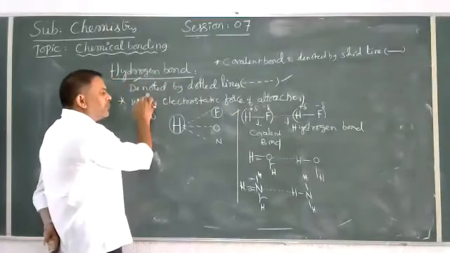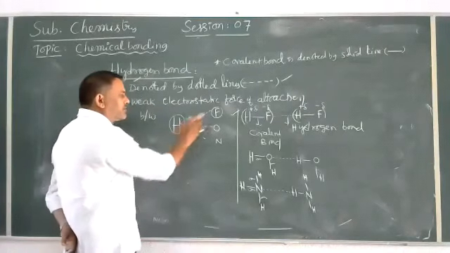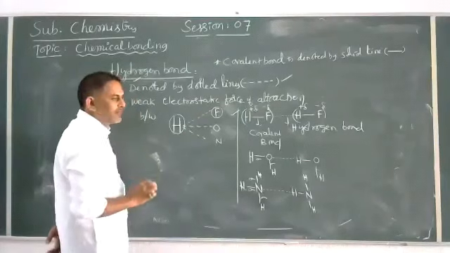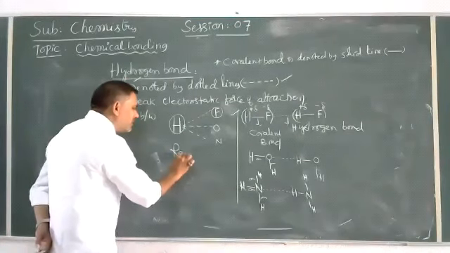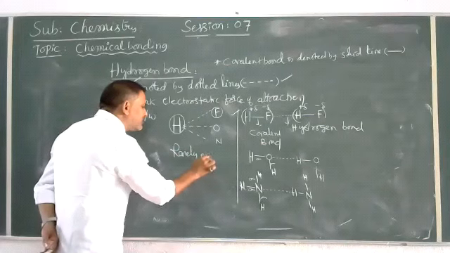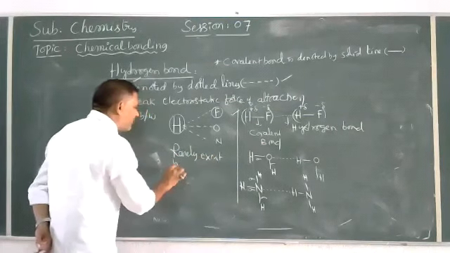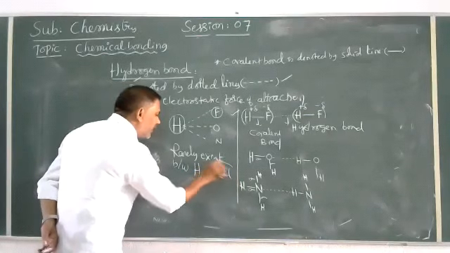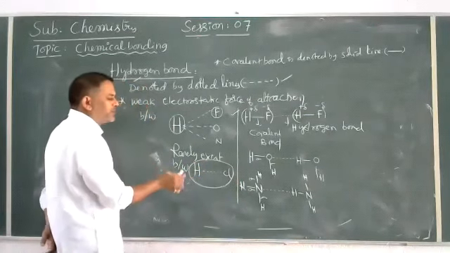So hydrogen bond exists between hydrogen and fluorine, hydrogen and oxygen, hydrogen and nitrogen. It rarely exists between hydrogen and chlorine, less proportionately.